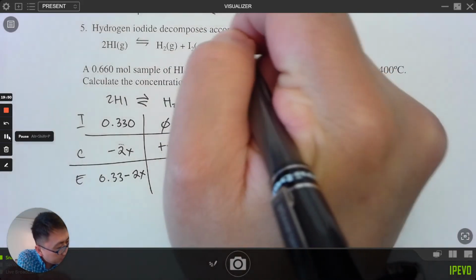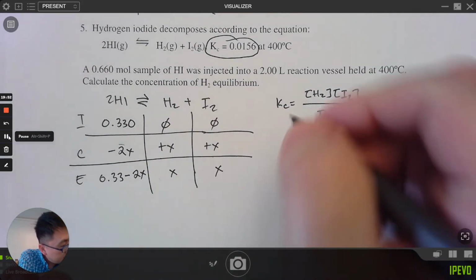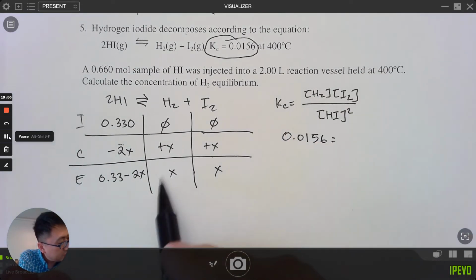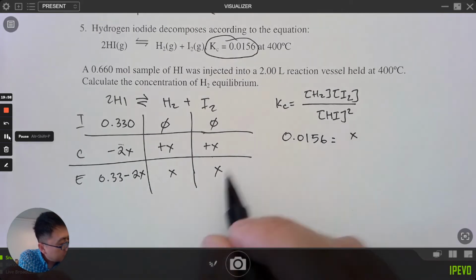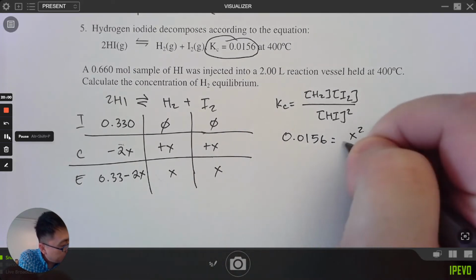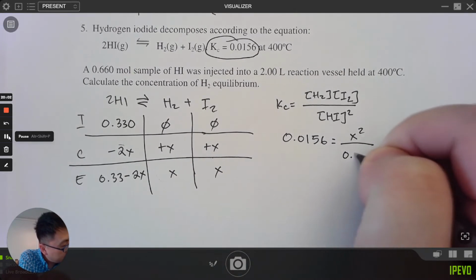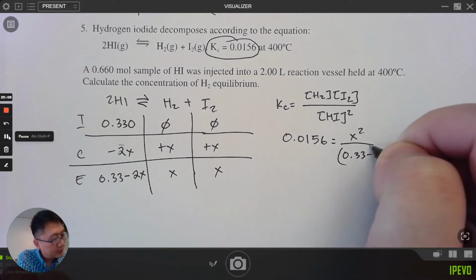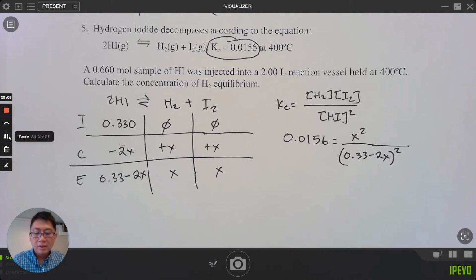It's right here. Kc is 0.0156. It's equal to hydrogen, which is x, times iodine, or x, squared over 0.33 minus 2x, squared. Okay, now do whatever you got to do to solve for x.